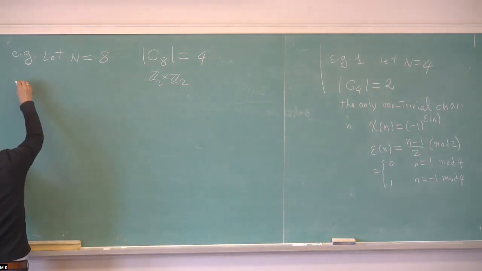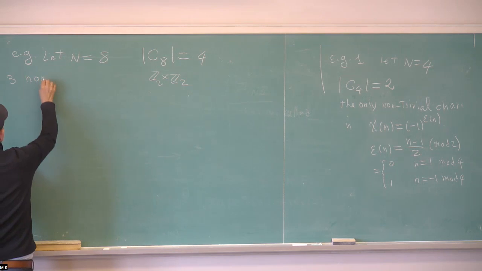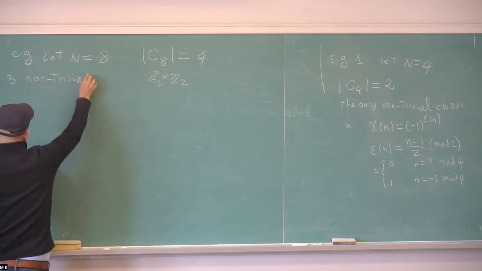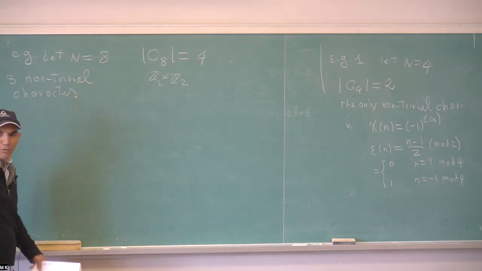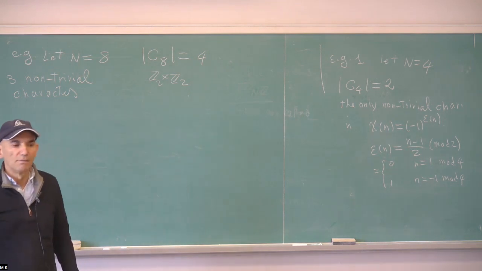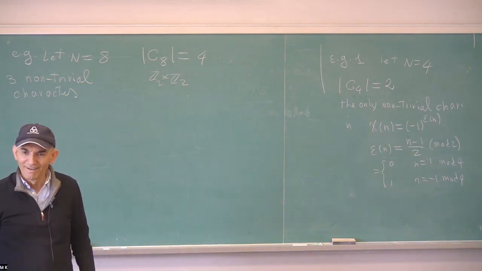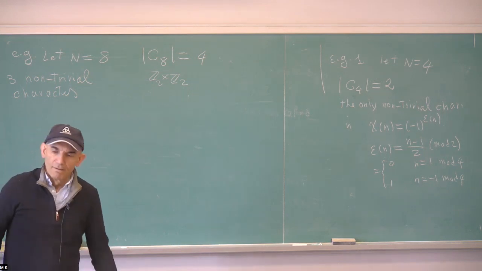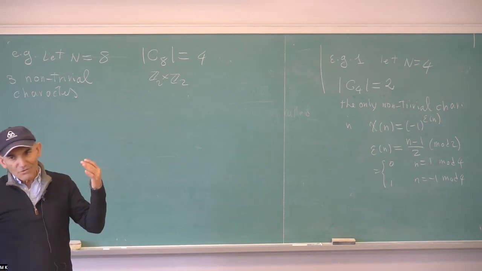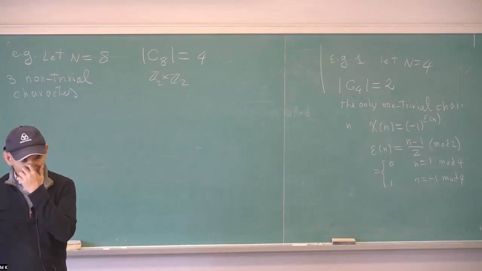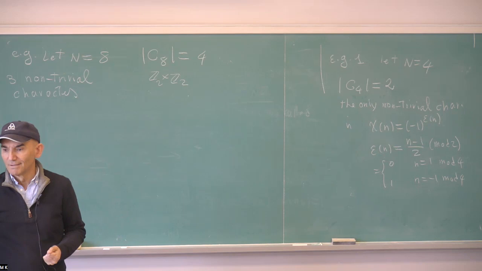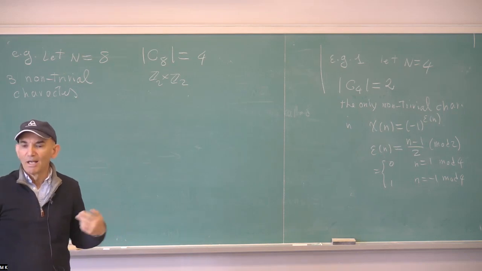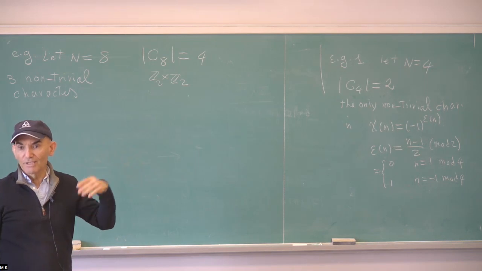So there are 3 non-trivial characters. Why are there only 3 non-trivial characters? Because we proved in the last lecture that there are exactly 4 characters.